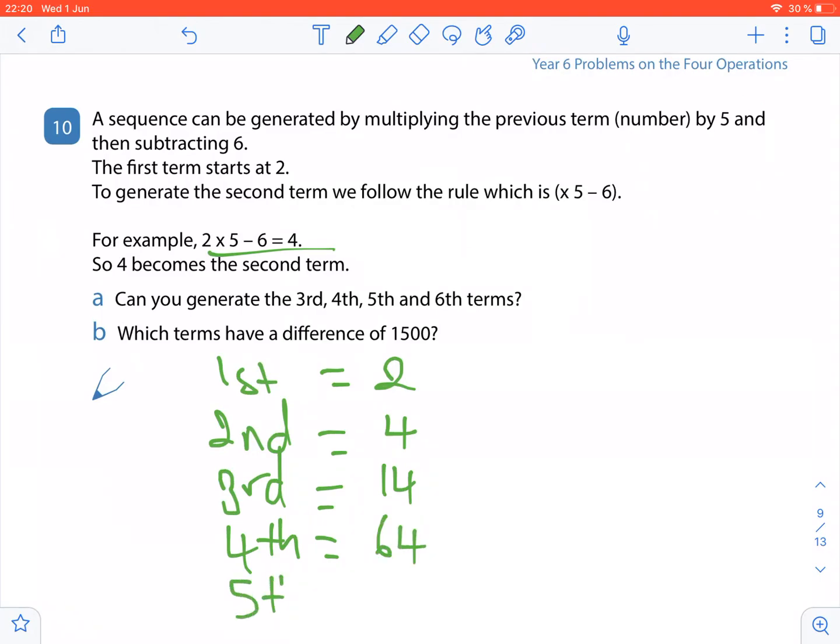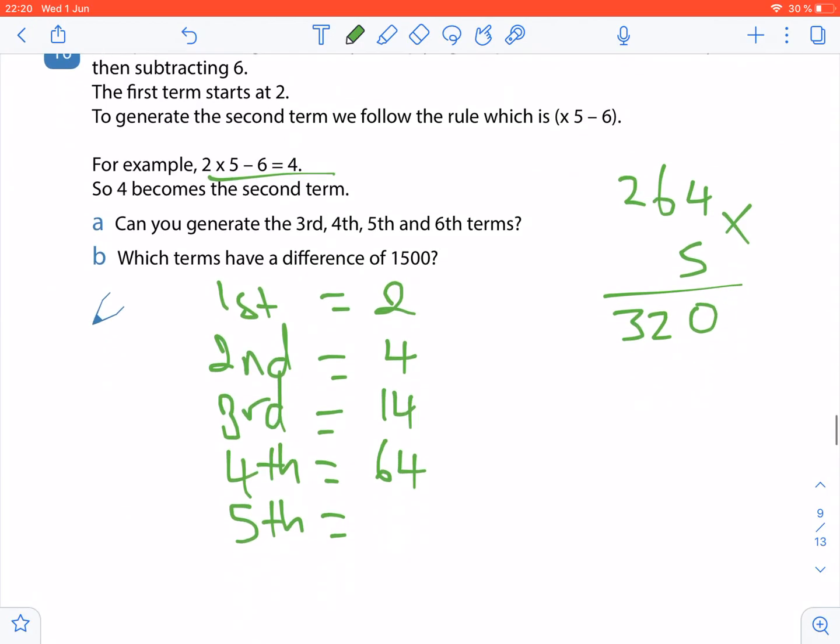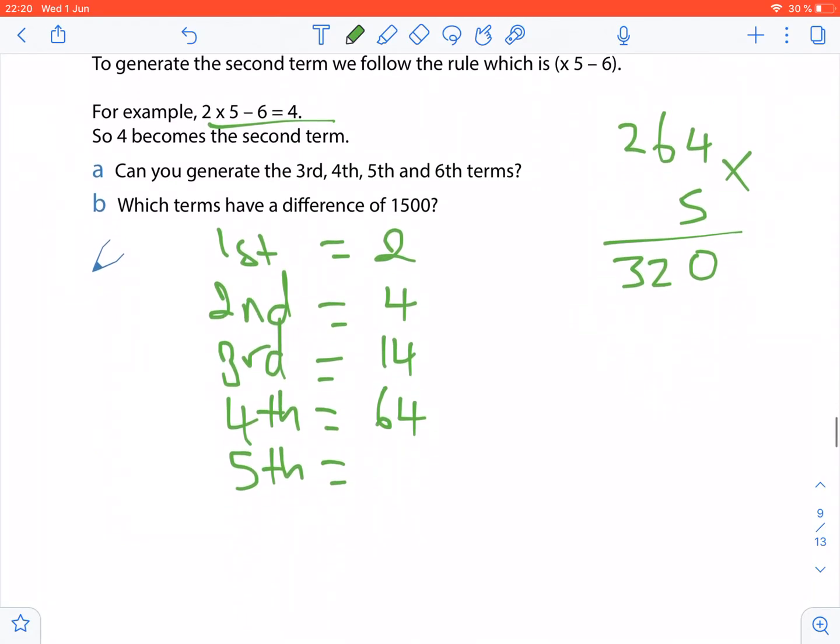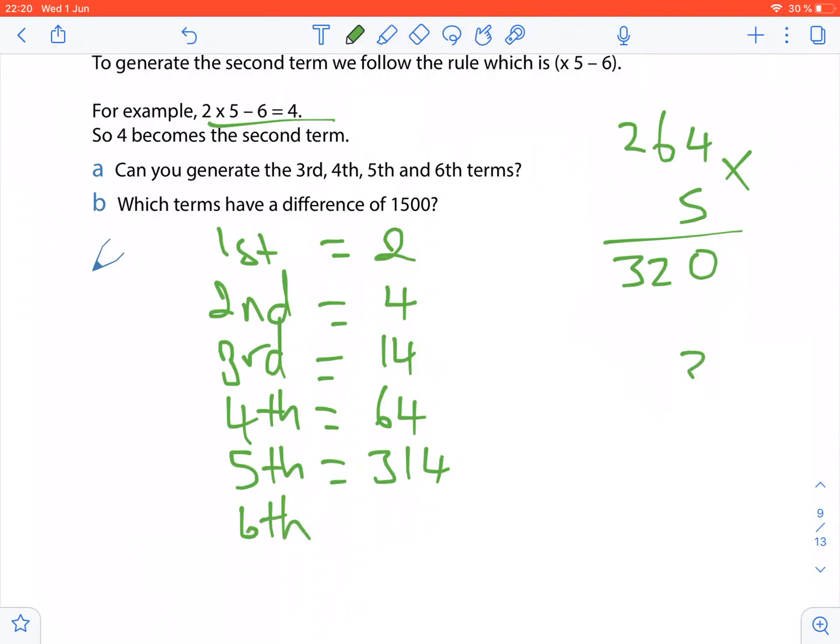Fifth term, going to have to do some working out for this one. 64 times 5, which is 320. Take away 6 would give us 314. The sixth term, we're going to do 314 times 5, gives us 1,570.